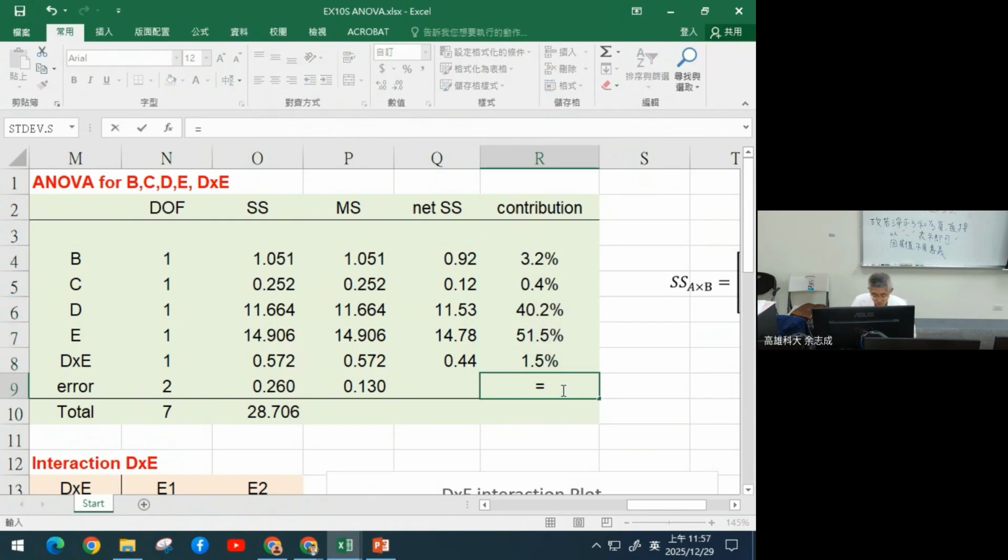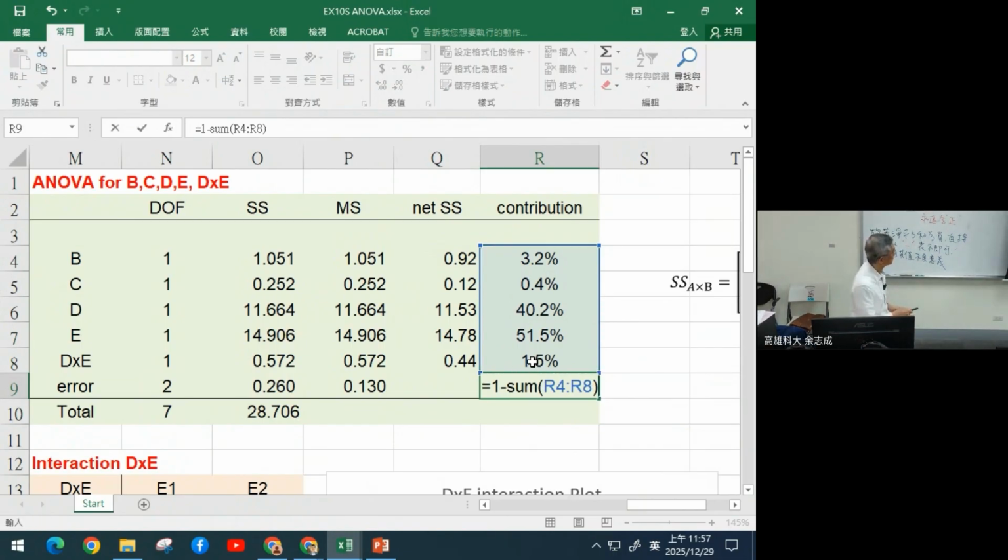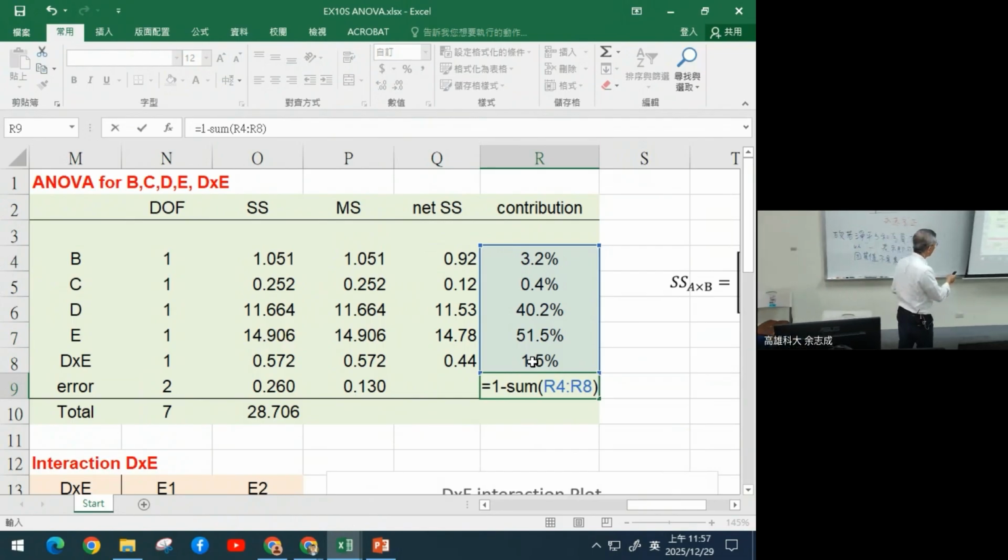Equal to 1 minus the contribution for your total model. Right? It was 100%, and this is the percentage contributed by the main effect and the interaction effect.